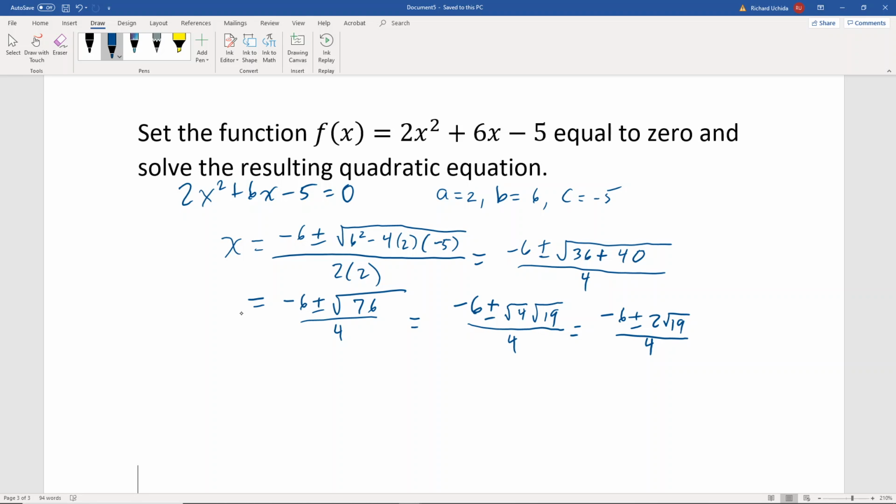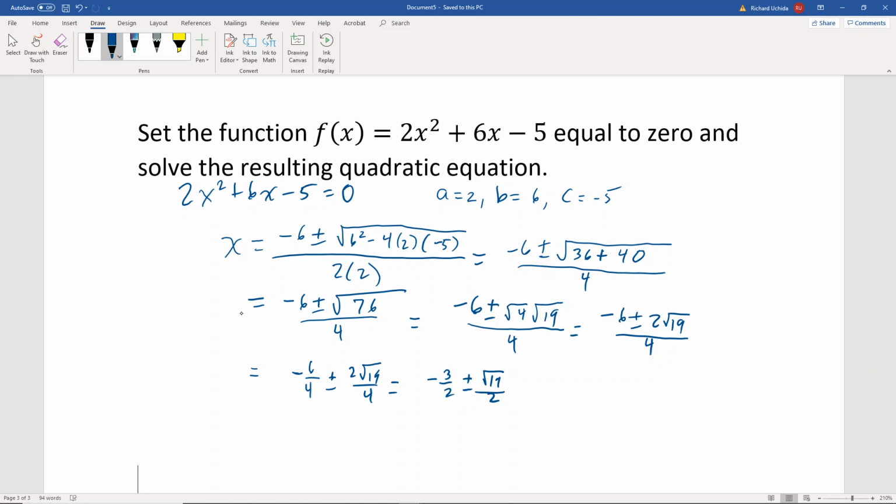Now, what you can do next is write it as two separate fractions. So this would be -6 over 4 plus or minus 2 square root of 19 over 4. Which would be, let's see, -6 over 4, so that's -3/2, plus or minus, the 2's cancel, so you'd have square root of 19 all over 2.